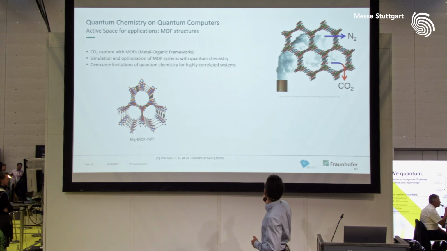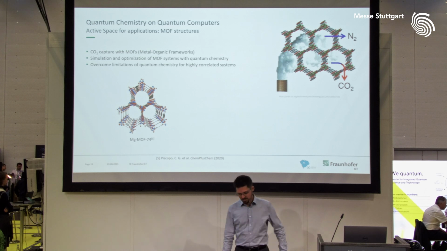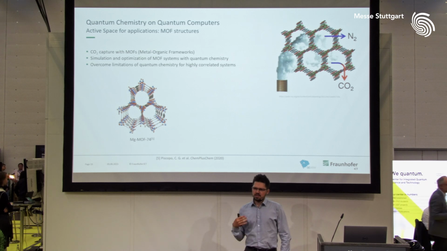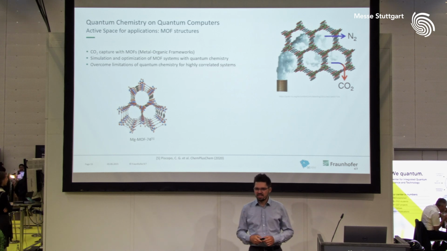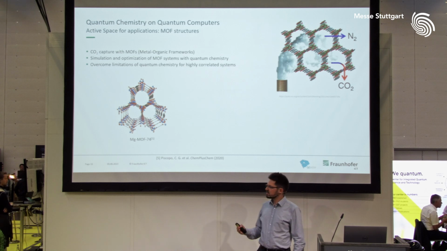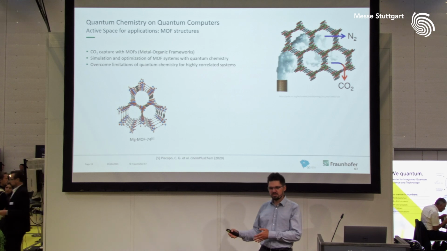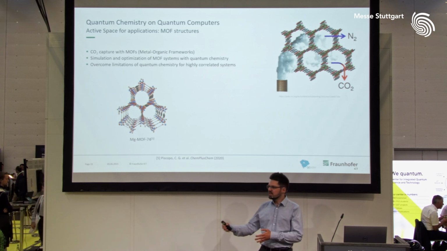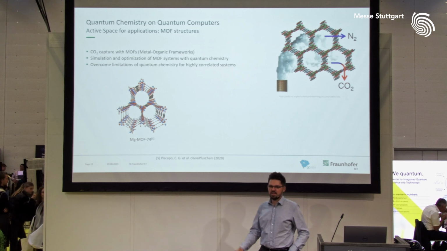So in this case, it's filtering CO2 and nitrogen. And it's a nice application. So CO2 capture, I think I don't need to explain why we should look at it. So that's the system we have in mind for practical quantum chemistry applications, which are of interest also in industry and in our society.